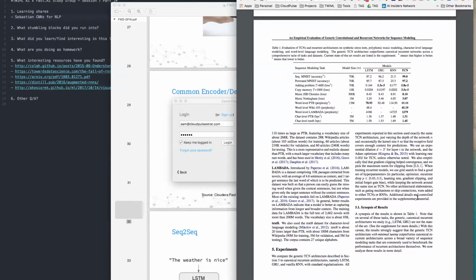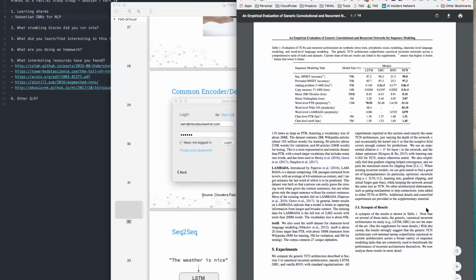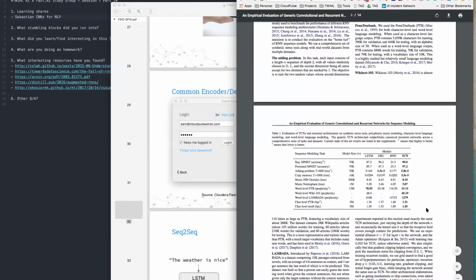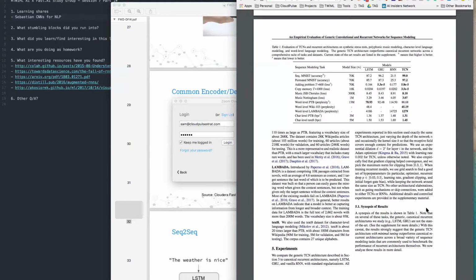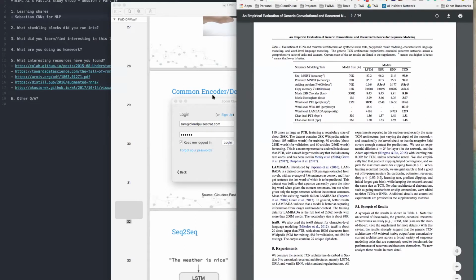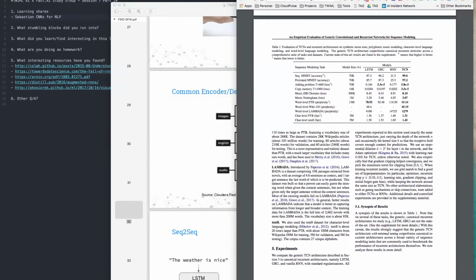Also in training, supposedly the recurrent networks take a longer time to train, probably because of the serial nature of the task. Whereas in convolution, it's not serial anymore. It's parallelizable. You can take advantage of your GPUs better. So I think in training it's also faster. So the advantage is in terms of performance.